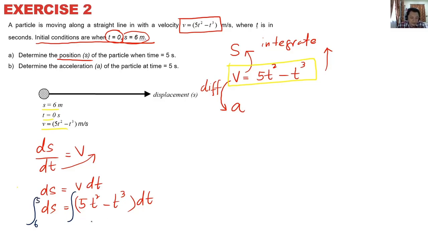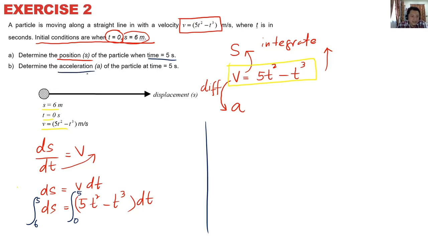And this one is from original time, from 0, until 5 seconds. So the limit will be 5 seconds. So this is what you do when you are trying to solve for displacement. So next, you can solve this one.